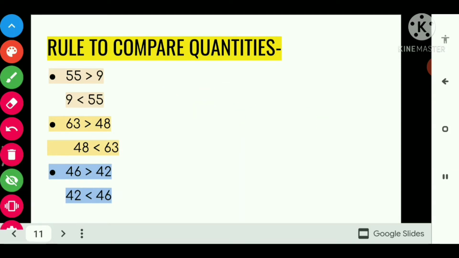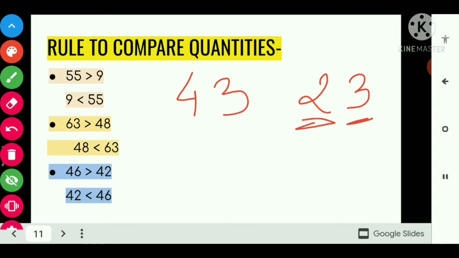The second rule is what? Suppose both the quantities are 2-digit numbers, for example, 43 and 23. Here you can see both are having 2 digits. How will you identify which number is the bigger one? You just see the number which is placed in the tens place value.